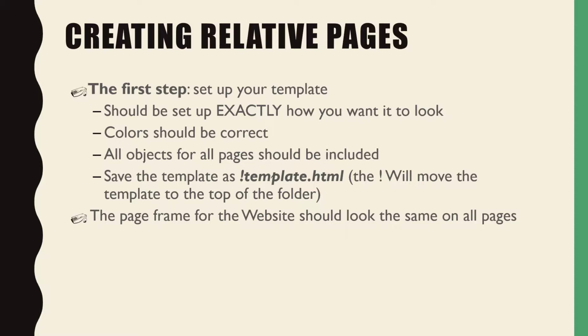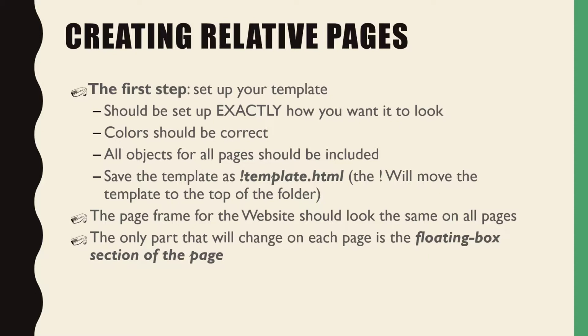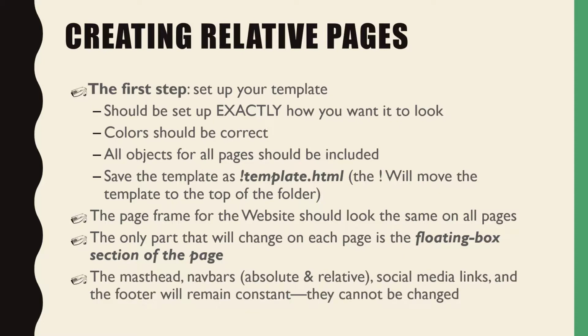The page frame for the website should look the same on all pages. The only part that will change on each page is the floating box section of the page. The masthead, nav bars, absolute and relative links, social media links, and the footer will remain constant. They cannot be changed.